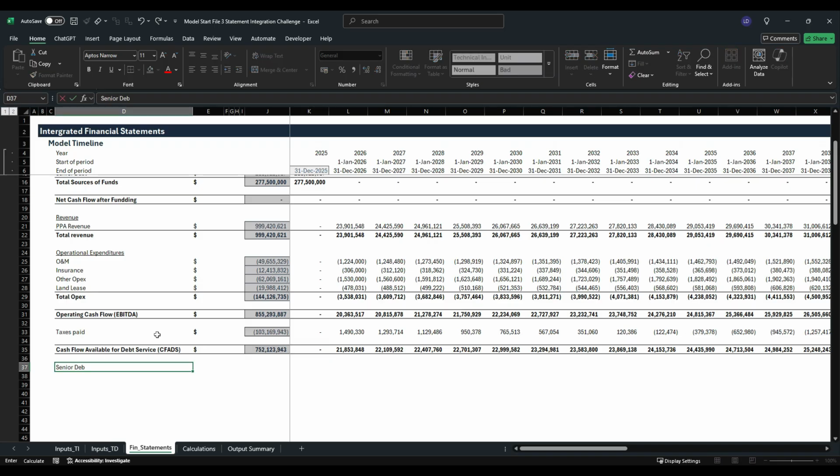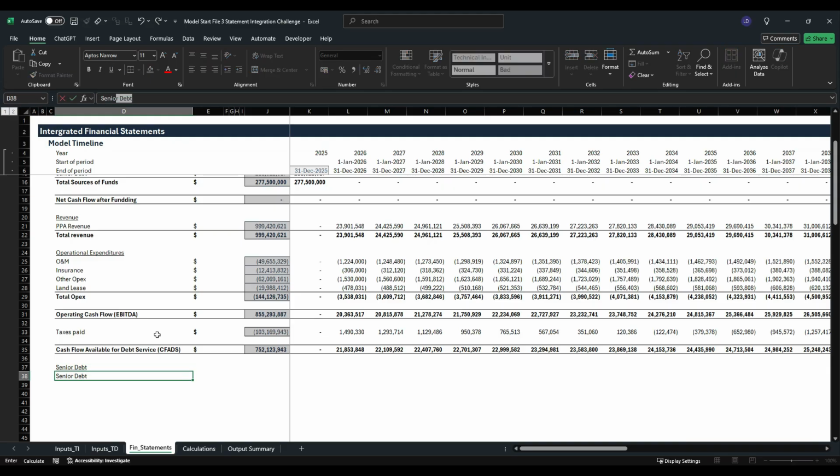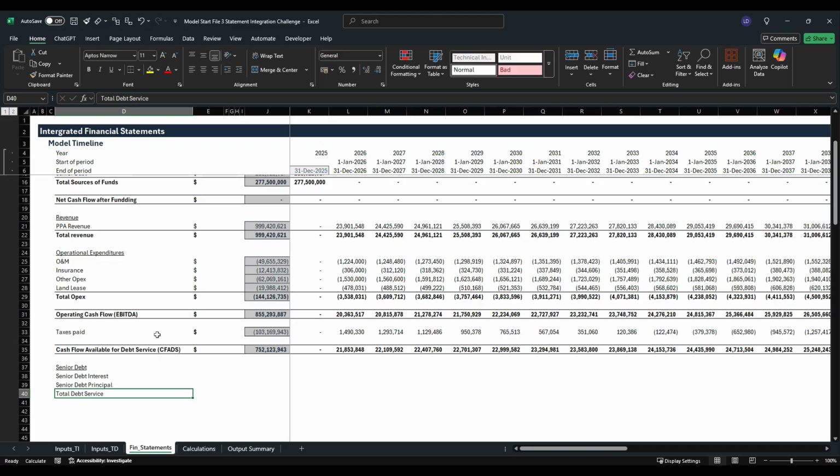So write senior debt, underline this, and we will have senior debt interest, and we will also have senior debt principal, which leaves us with total debt service.